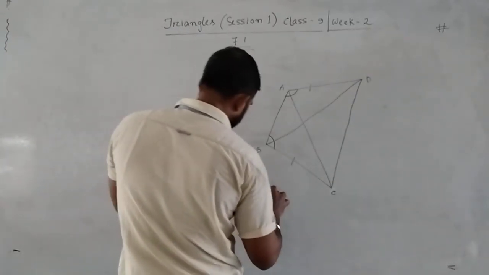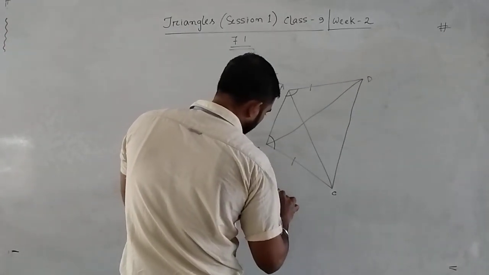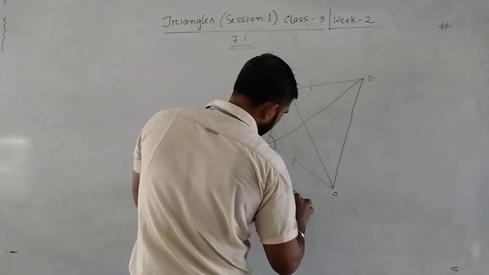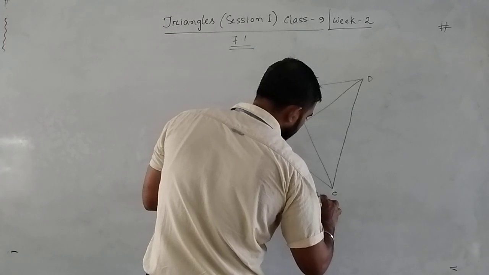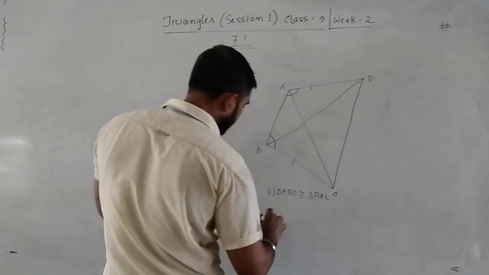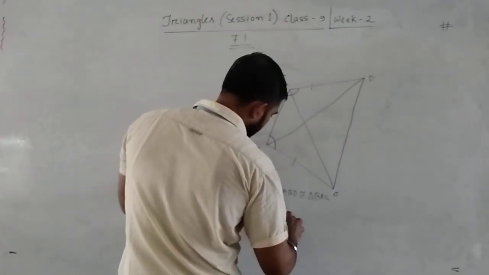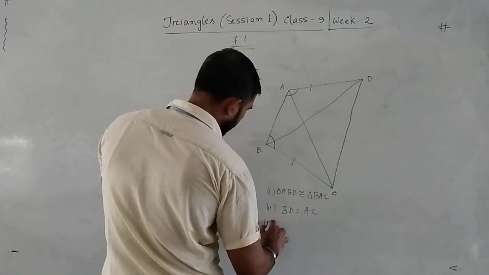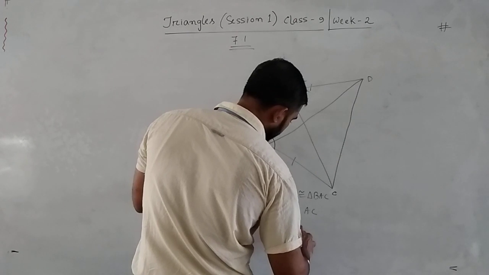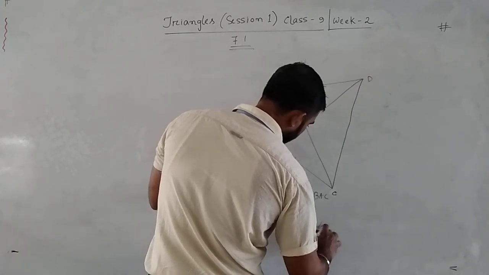Now, question 1 is triangle ABD congruent triangle what? BAC. Then secondly, BD equal AC. And thirdly, we have to prove angle ABD equal angle BAC.